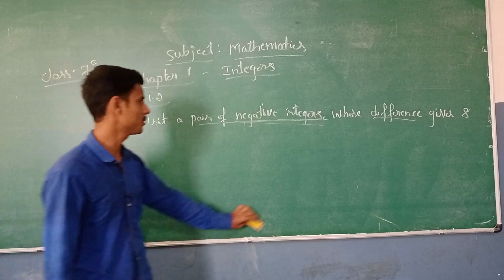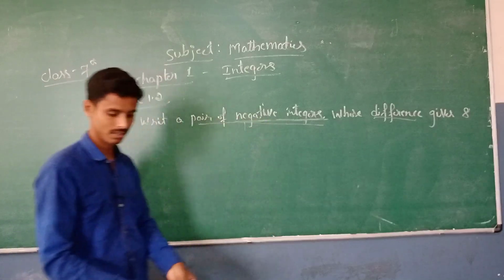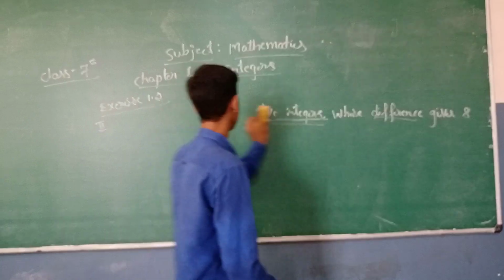Here the condition is very important. Pair of negative integers. Clear? Let's see the second one.